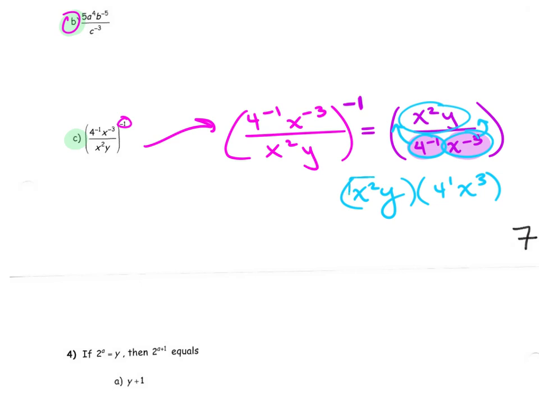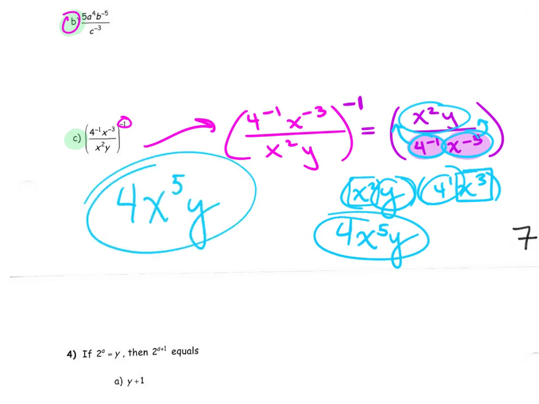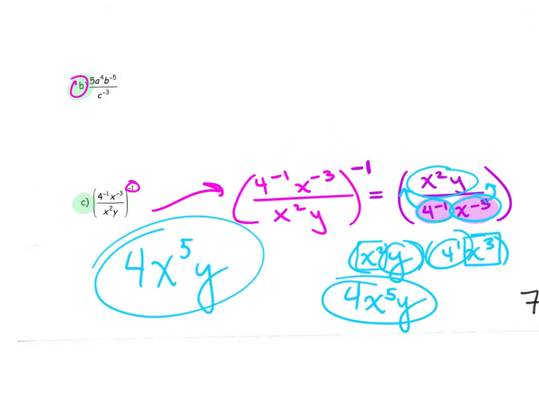We have x squared times x cubed, multiply like bases, add the exponents. 4 is just raised to the 1st, so we'll put that out front. And we have y. And that's it. 4x to the 5th, y. There you go. I'm just going to write the answers for letters A and B, but you're doing these on your own. I'm not going to show the work for it.